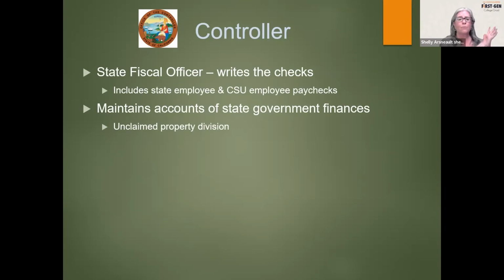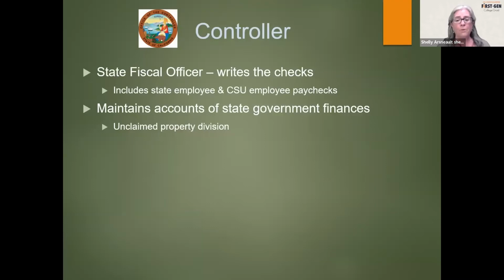Maintains accounts of state government finances. And again, I thought of what people would be interested in that falls under this. You may be familiar, or maybe you are not and you are now happy to be familiar, with the concept of the unclaimed property division.